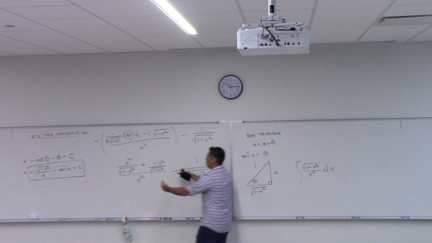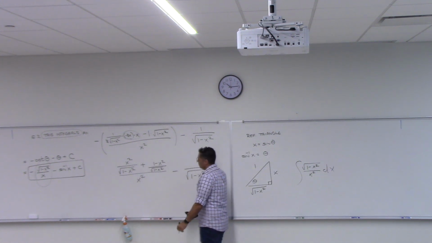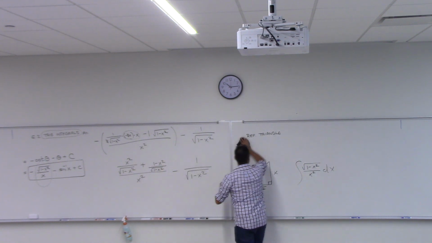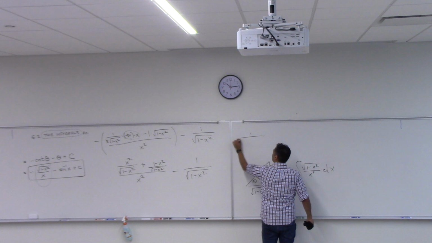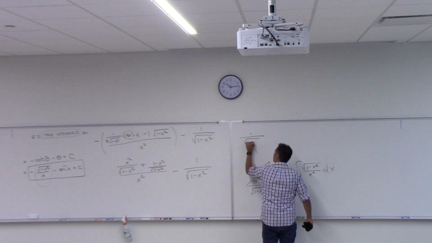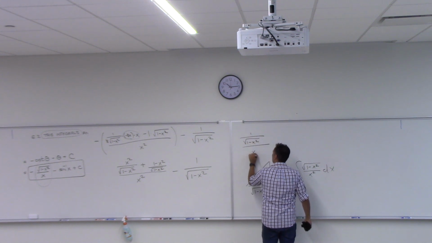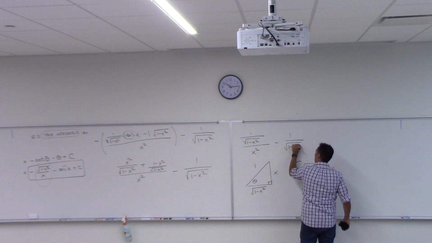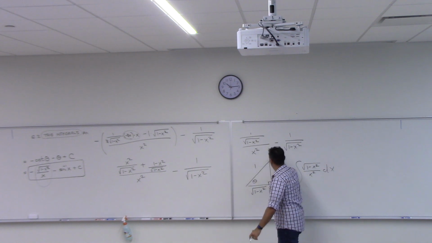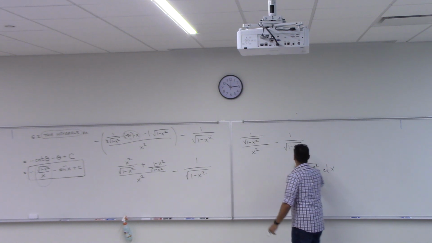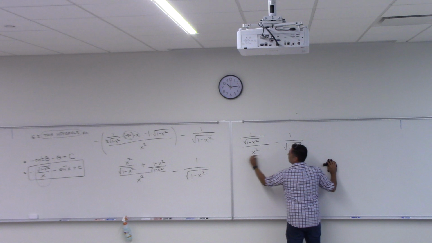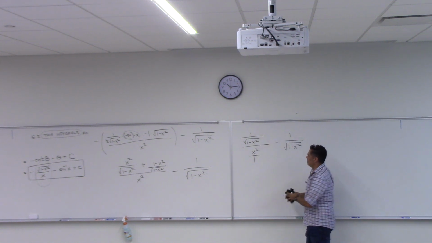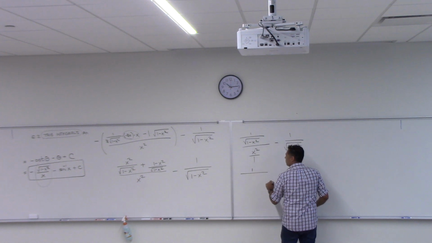And now if I put these two together, what happens? The x squareds cancel. You just get 1 over square root of 1 minus x squared over x squared minus 1 over square root of 1 minus x squared. It's this piece. What now? How about I clean this up? This over this, flip it. This is 1 over what?